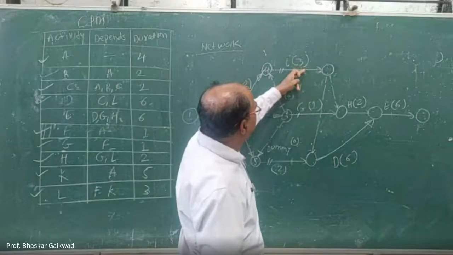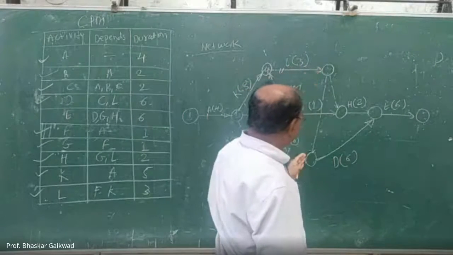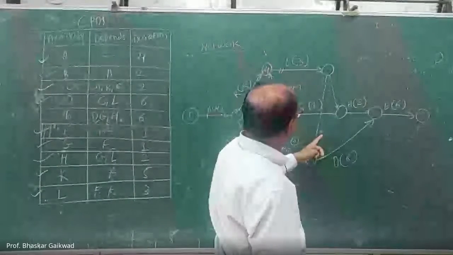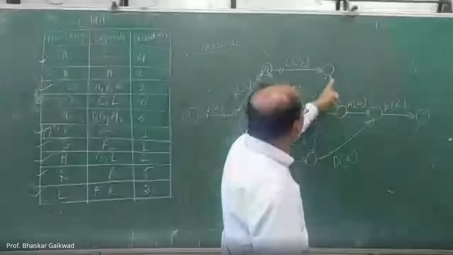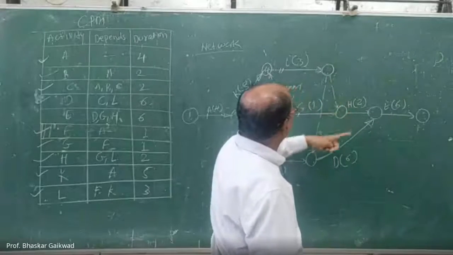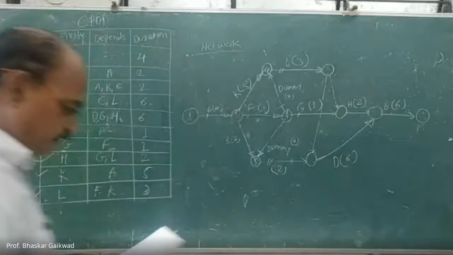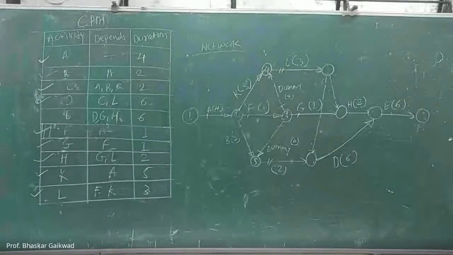Here, incoming and outgoing. Incoming and outgoing. Out of this, which we have to consider here. 6, 7, 8.